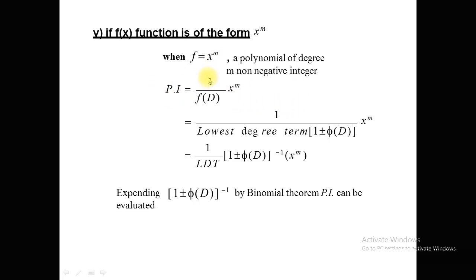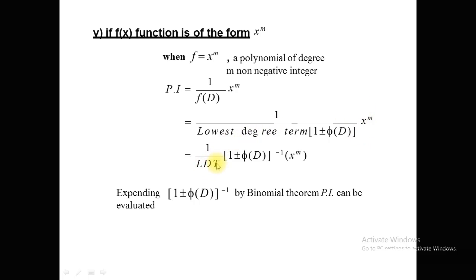Then the particular integral is equal to 1 over f of D into x power m. Now this f of D is the differential operator. So how to apply 1 over f of D on this polynomial? Take common the lowest degree term from this differential operator polynomial, giving lowest degree term into 1 plus or minus pi of D, into x power m.